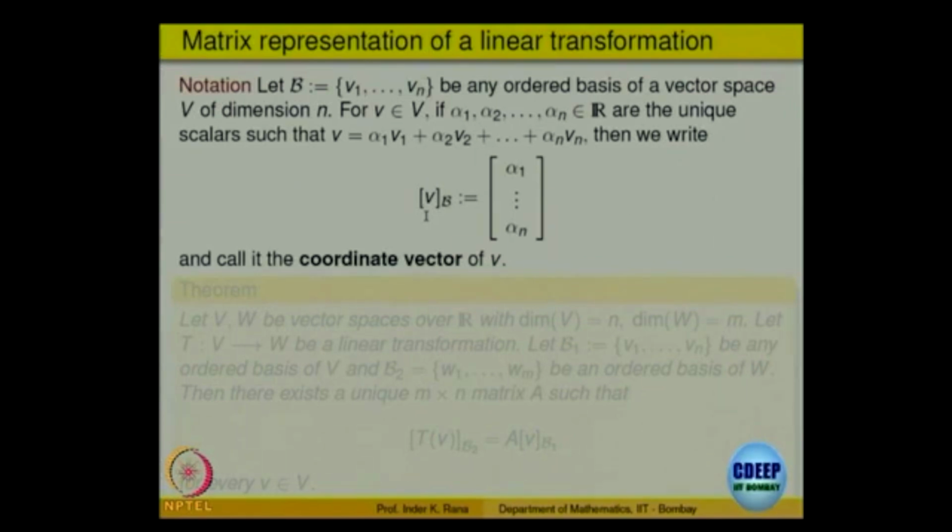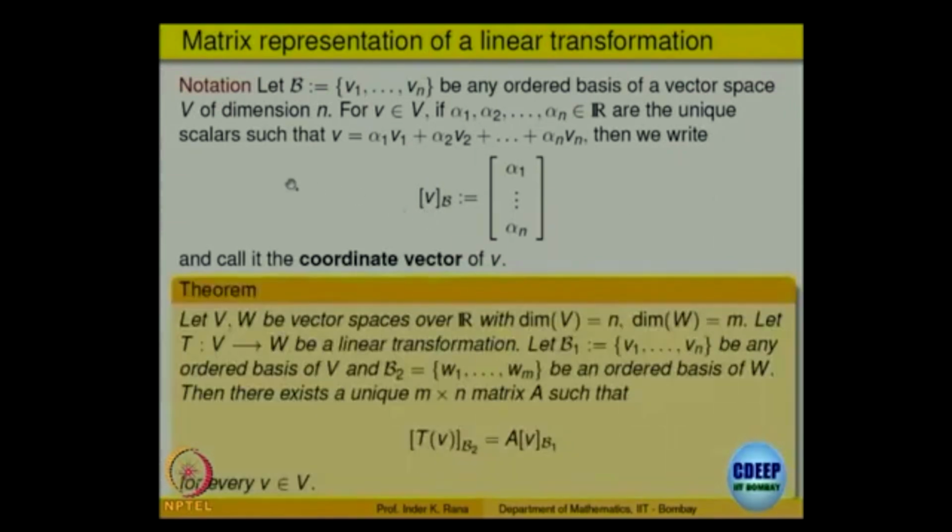So what is the theorem? The theorem says the following: if T is a linear transformation from V to W, where the dimension of V is n and the dimension of W is m, then fix an ordered basis V1, V2, ..., Vn for V, and an ordered basis W1, W2, ..., Wm for W. Then there is an m cross n matrix, since the dimension of W is m and the dimension of V is n.